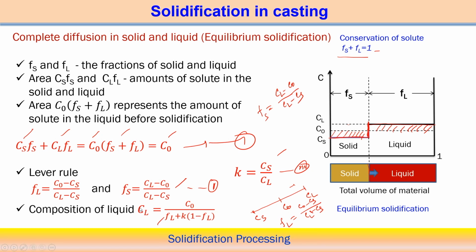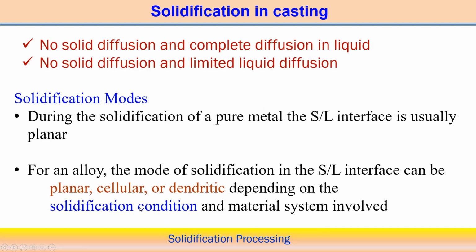The cases of no solid diffusion with complete liquid diffusion, and no solid diffusion with limited liquid diffusion, we have already discussed in the last module, including how the composition varies near or away from the solid liquid interface during solidification. So I am not repeating this part here.